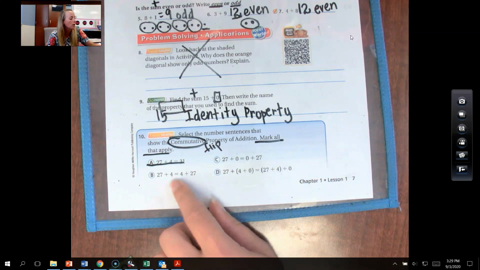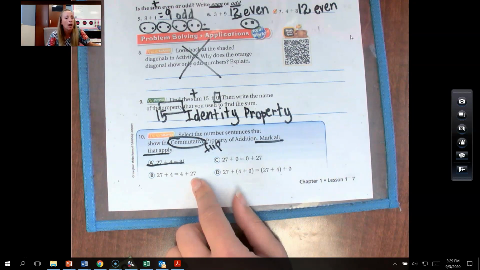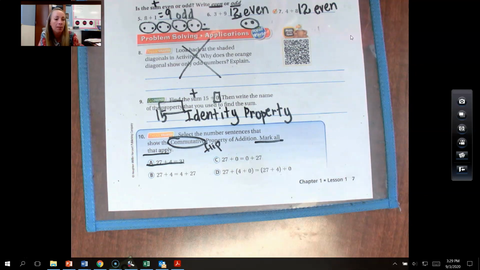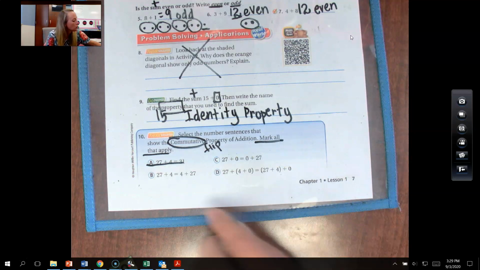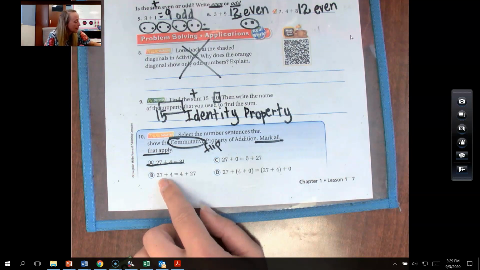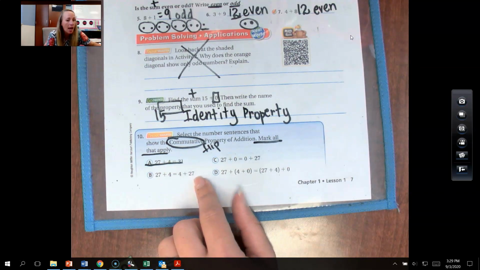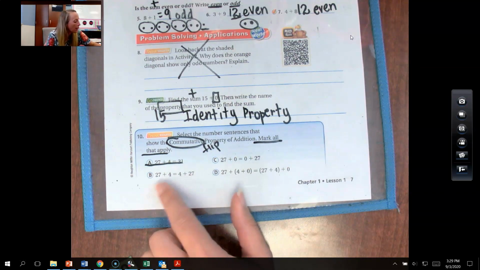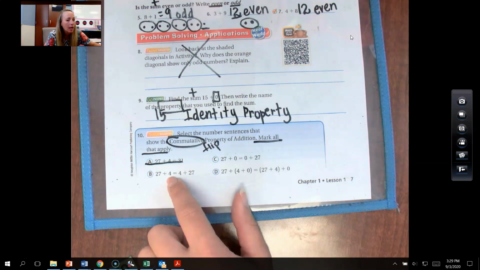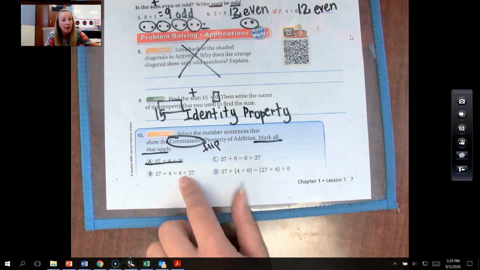27 plus 4 equals 4 plus 27. Were any of those numbers flip-flopped? Well, let's look. 27 is here first. 27 is at the end. 4 is at the end, and 4 is at the beginning.